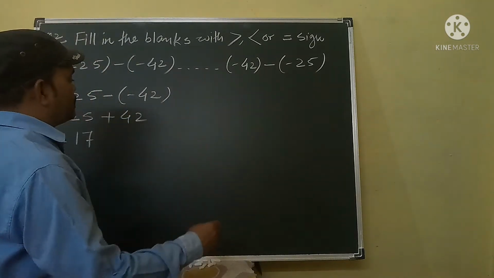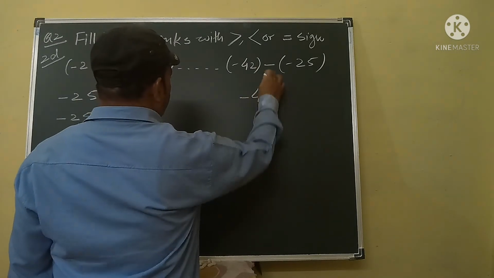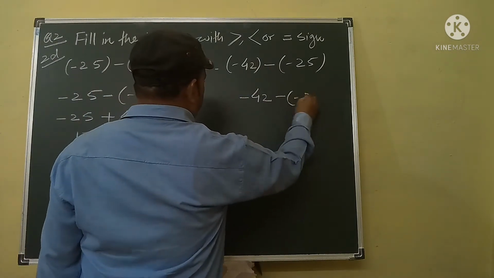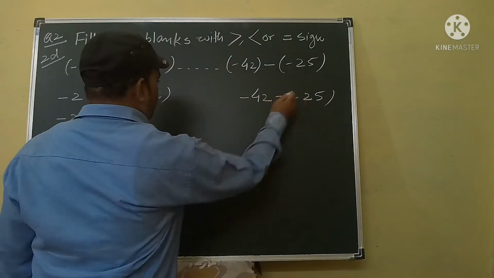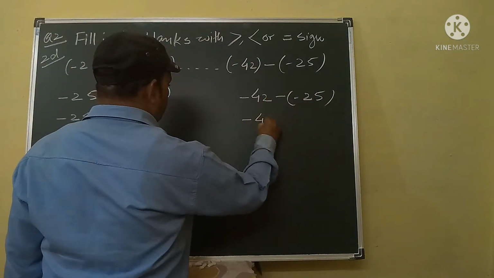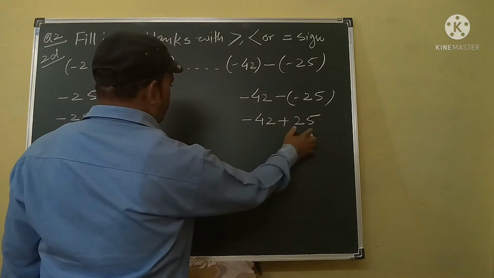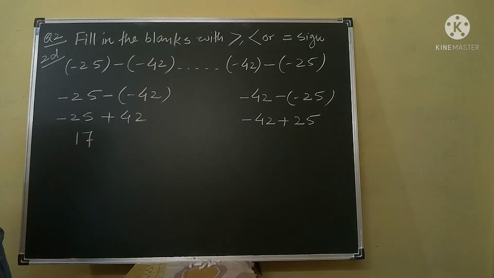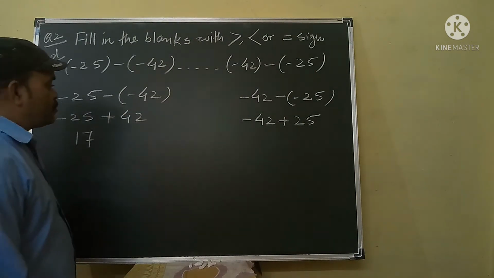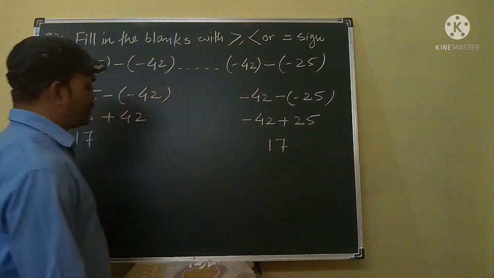Now we will discuss the second part. This is minus 42 minus, 25. Minus plus: minus 42 plus 25. In that condition we must subtract. 42 minus 25 gives 17.